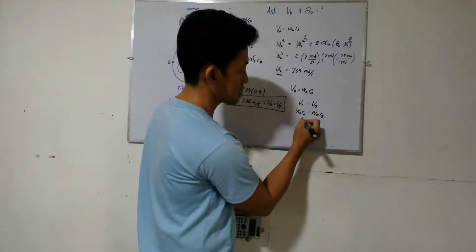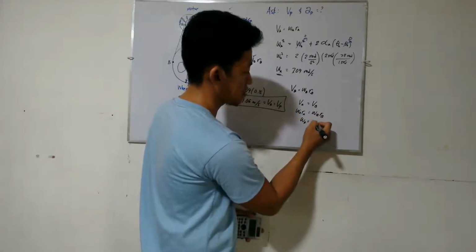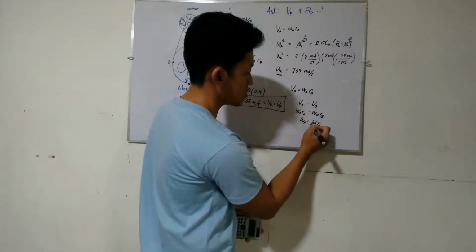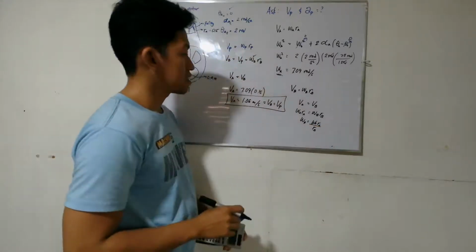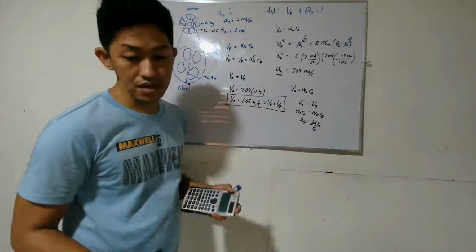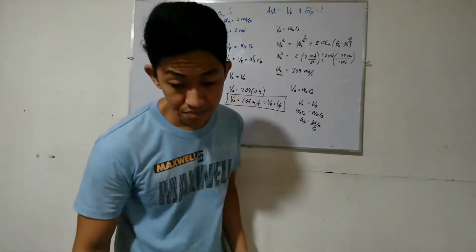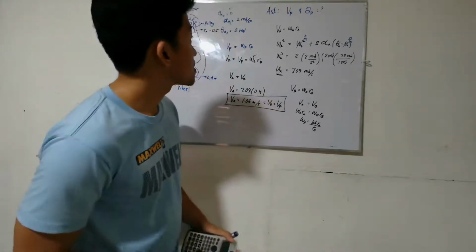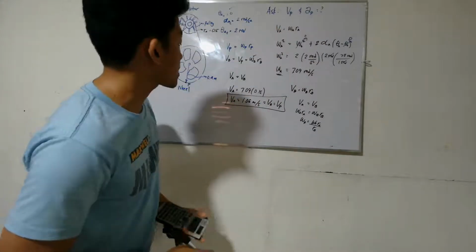You get omega B as omega A RA over RB. But anyway, as before, they are the same. And then, we need to find the acceleration.